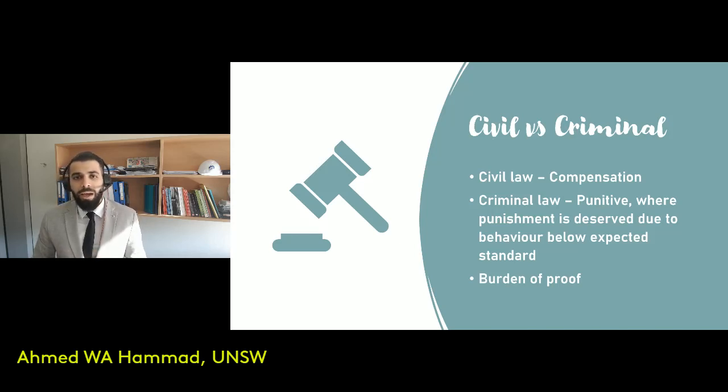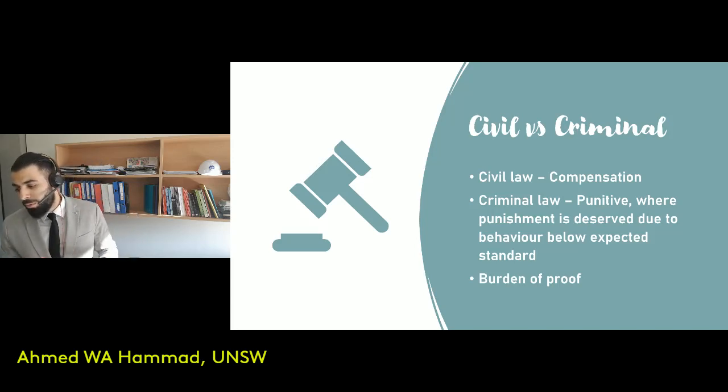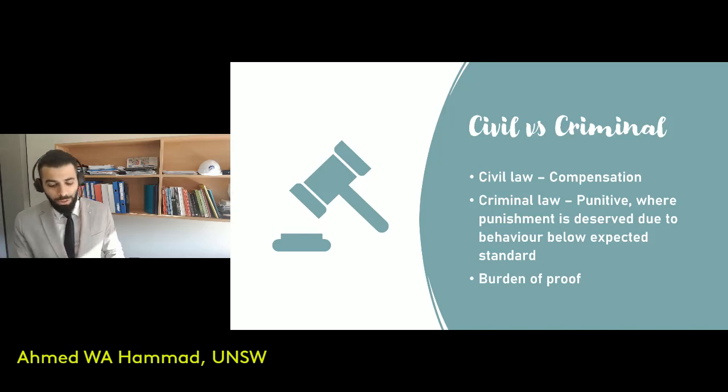They have the burden of proof, so they have to prove on the balance of probabilities that the defendant was liable. If you look at criminal law, the burden of proof lies on the Crown, and the Crown has to prove beyond reasonable doubt that the other party was guilty. Okay, so that's what we refer to as burden of proof.